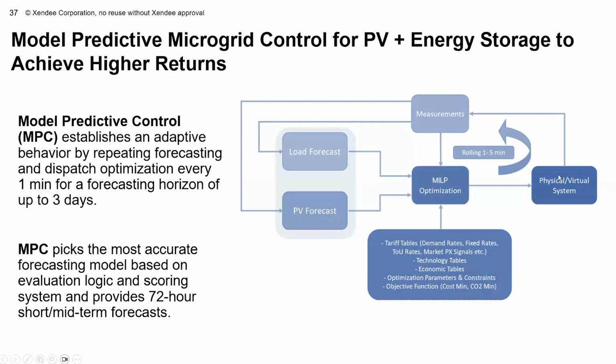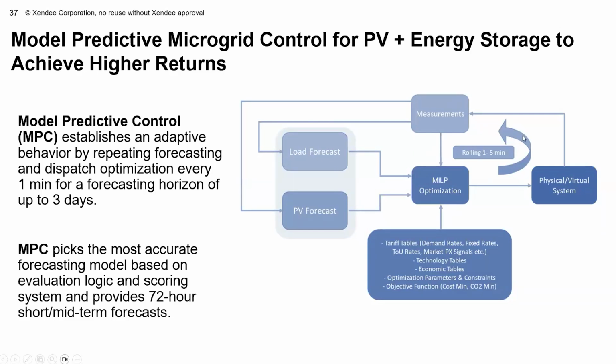With this information, in combination with electricity price information, constraints on the technology, and how much fuel we have on site, we optimize the system in terms of dispatch, how we want to use the technologies to minimize our costs. So we are creating an operational curve for the next 3 days on a 1-minute basis and send it down to the physical system, asking the technologies to follow these set points for the next minute.